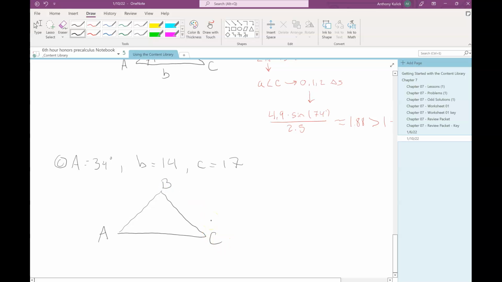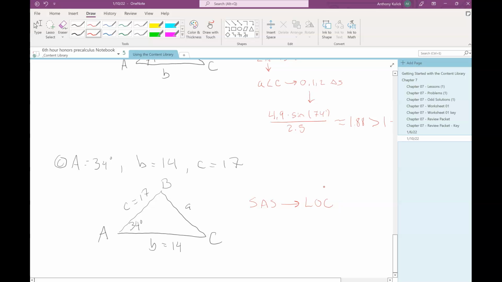So again, name my triangle, add my labels, write in my given information. And what situation do we have here? Good, side-angle-side. So that tells me this is a law of cosines situation.